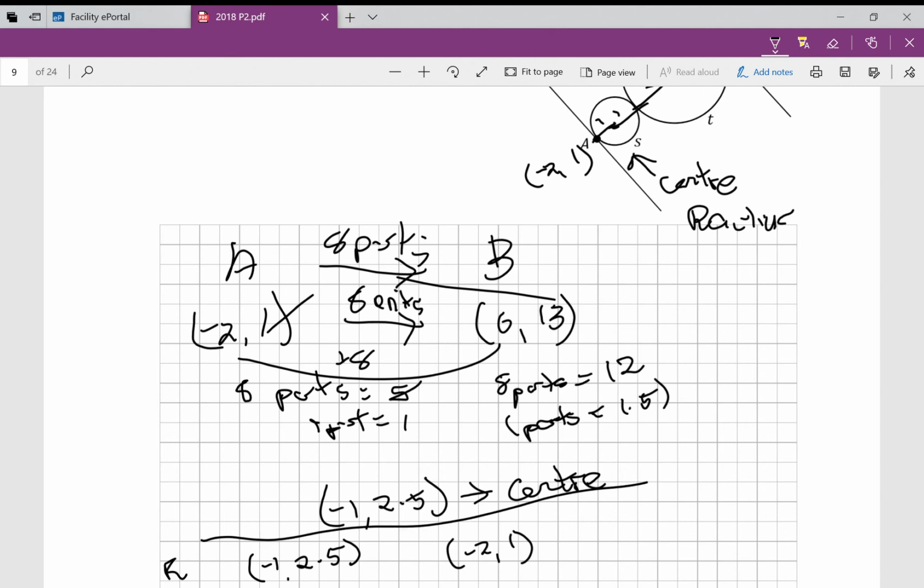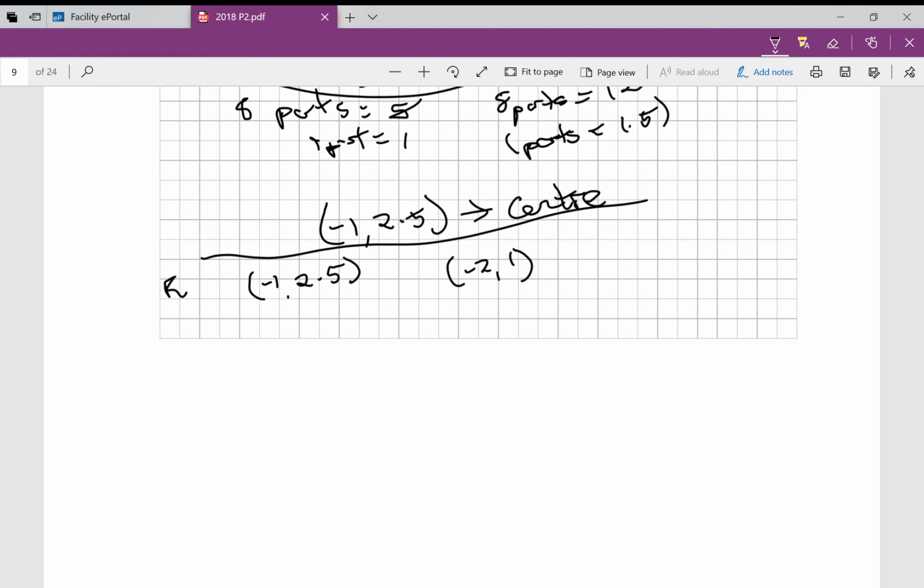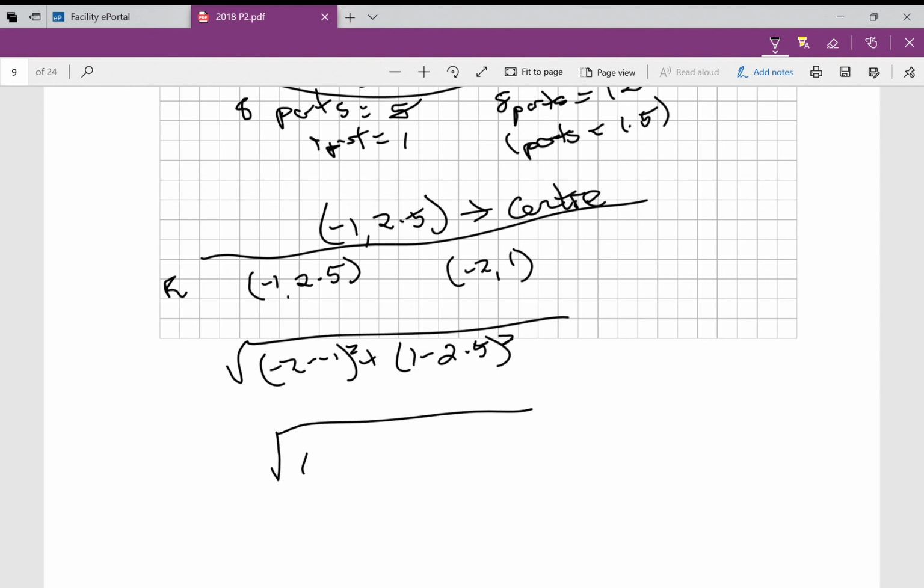I have the center. So it's the square root of x2 minus x1 squared plus y2 minus y1 squared. So that would be minus 2, minus 1, that's minus 1, and 1 minus 2.5 is minus 1.5.